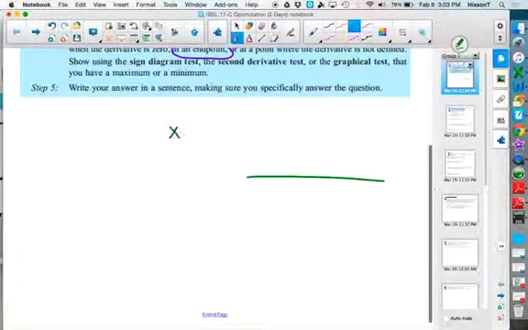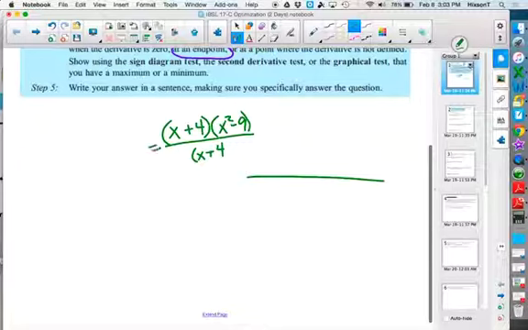Like you had x plus 4, let's say your derivative was x plus 4, let's do the original function here. We'll keep it simple. Here's our original function: x plus 4 times x squared minus 9 over x plus 4. Okay? Obviously, the domain for this is that x can't be negative 4.